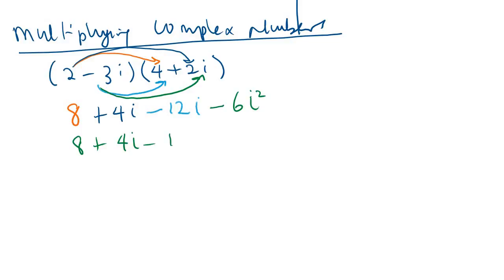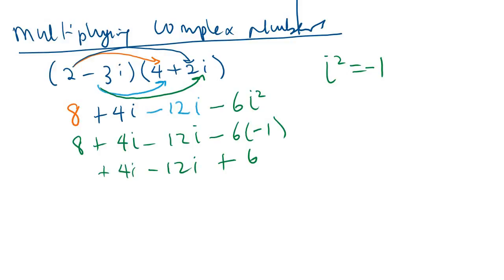Negative 6i squared. Now you're going to remember that i squared is negative 1. So we're going to replace i squared with negative 1, and that will turn into plus 6 here. So plus 4i here and then 8.